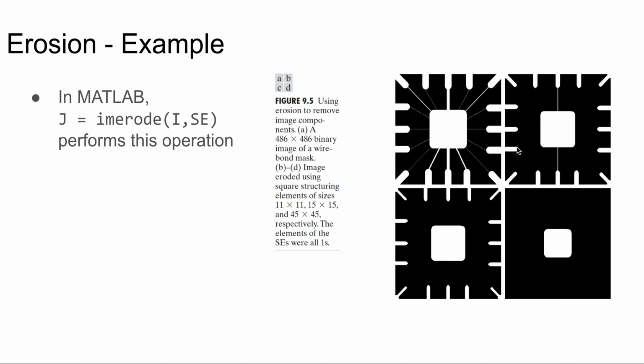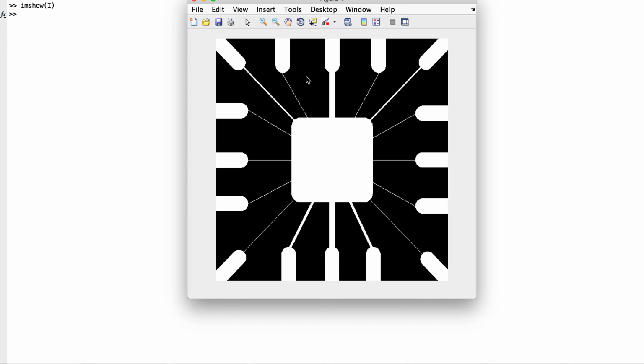Now I will show the same example using MATLAB by using the imerode function. I am reading an image. I is equal to imread, this one. I will show this image, imshow I. So this is the image, the same image of a circuit board in binary pixels.